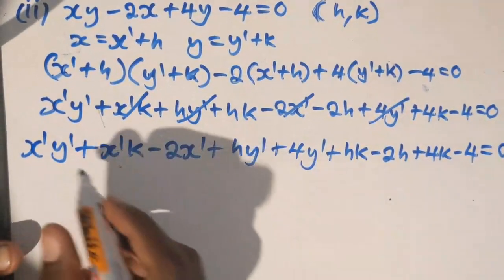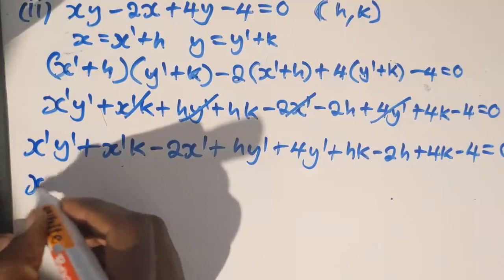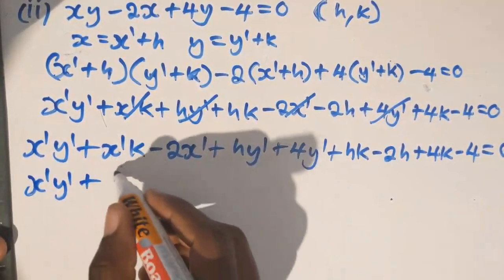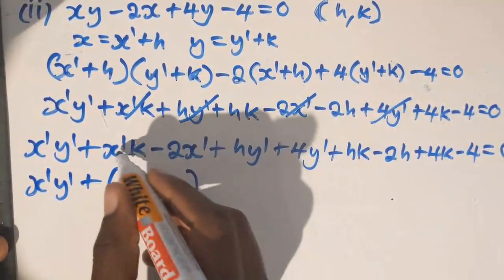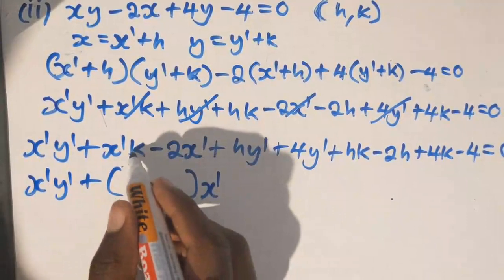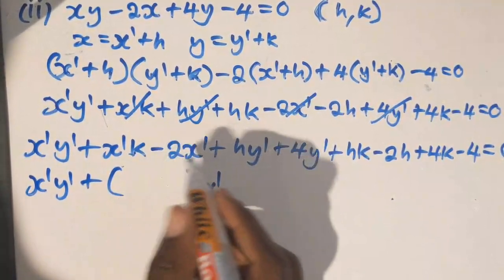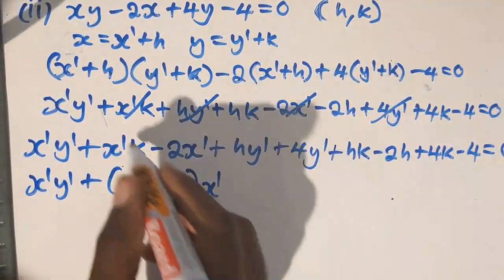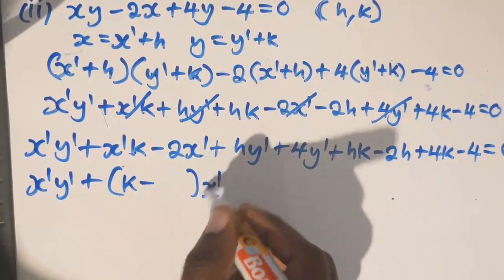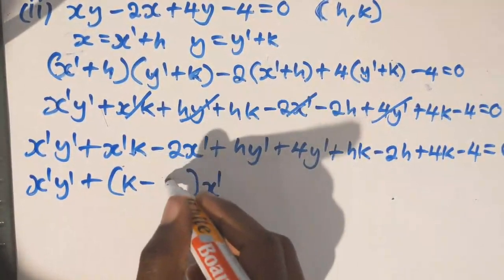Okay, so then from here you just copy x prime, y prime, then you factorize. So you say positive, you put the x prime outside, so that's x prime. Then this is going to be what is going to remain. This, when divided by that, that's going to be k, minus this by that, it's going to be what? 2.